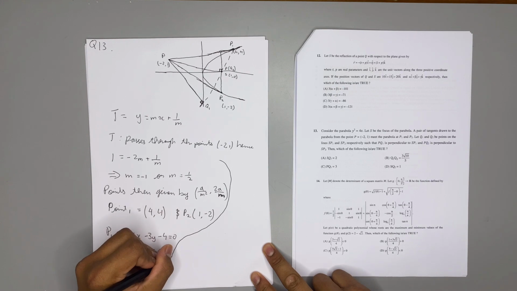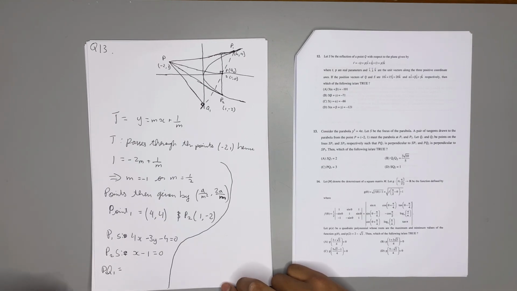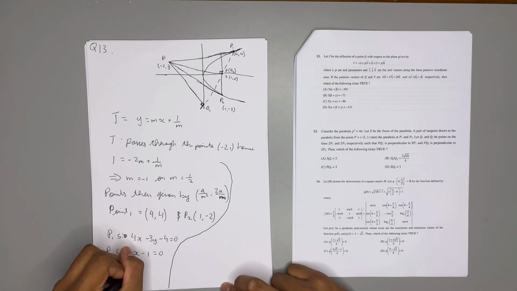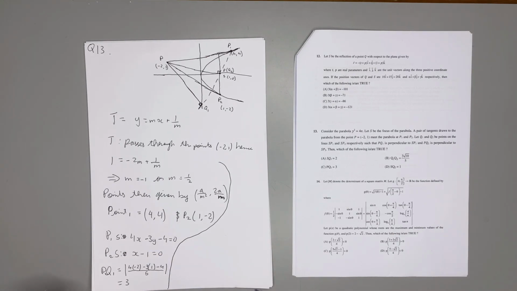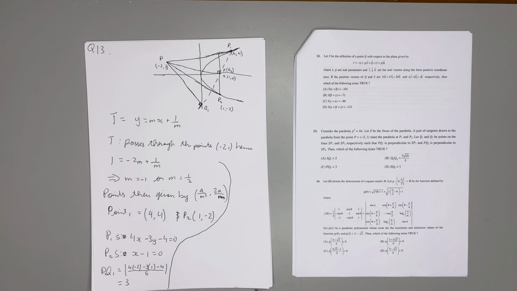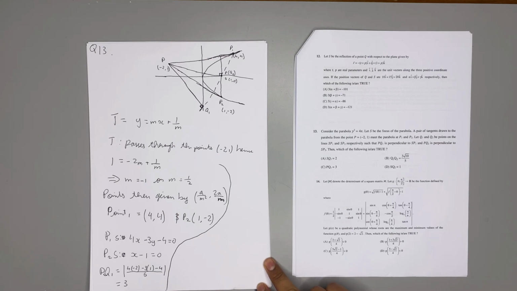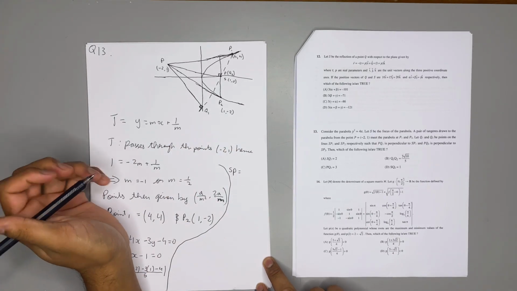Hence, for more space, let's just draw a little thing. PQ1 gives me the magnitude of 4 multiplied by -2 minus 3 multiplied by 1 minus 4, all upon 5, which equals 3. PQ1 equals 3. Next, we're going to try and figure out SP. SP we already know is going to be root 10.